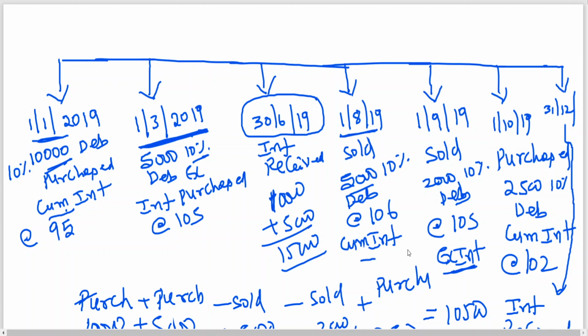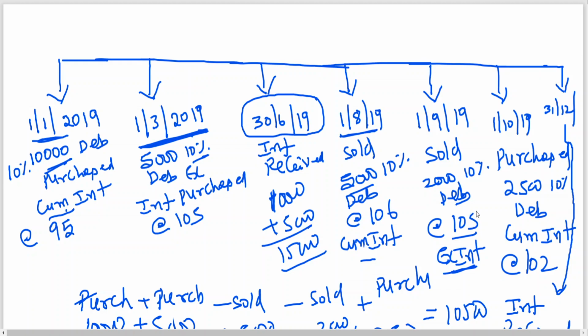It is cum interest. This is ex interest. Even though the interest is not included in this 105 rupees, still interest is to be calculated, because for the sale on 1st September, ex interest means interest is not included, but still you have to calculate accrued interest, because that is to be collected from my buyer. Quotation price is ex interest, I have quoted without interest, and the buyer has to pay this amount plus interest.